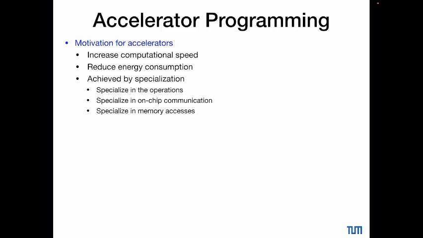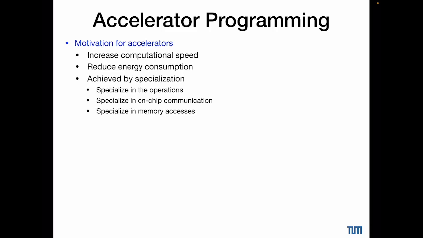You can increase the computational speed, and you do that while reducing the energy consumption. To get the same performance, you would need many, many more Intel processors, and that would take much more electrical energy. By going for a more specialized design, like what an accelerator would have, we can actually save energy. Both together are achieved by specialization.